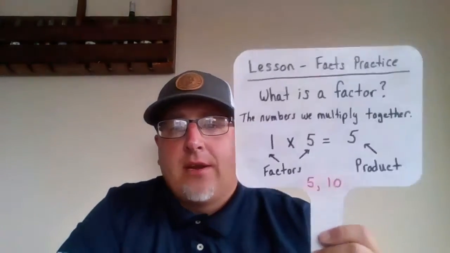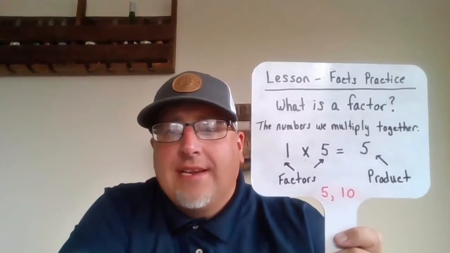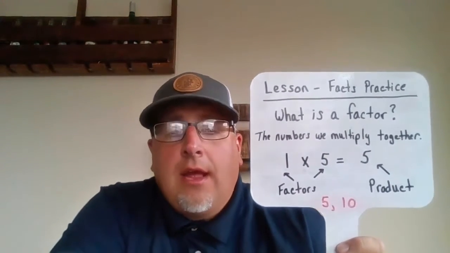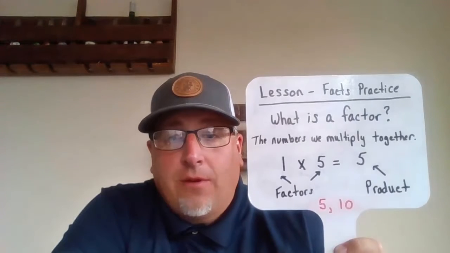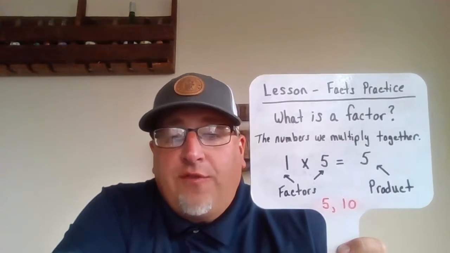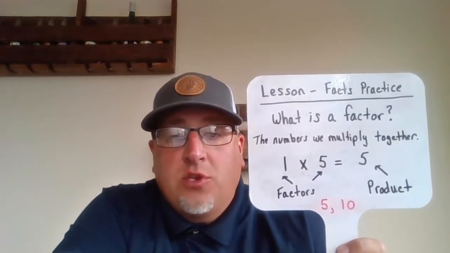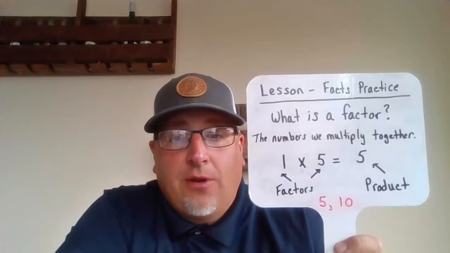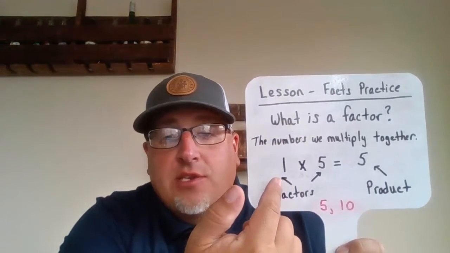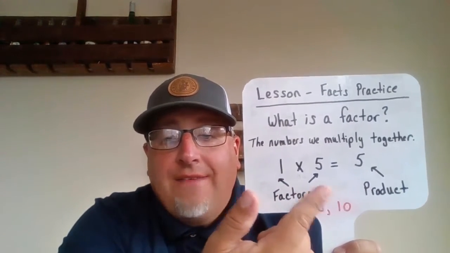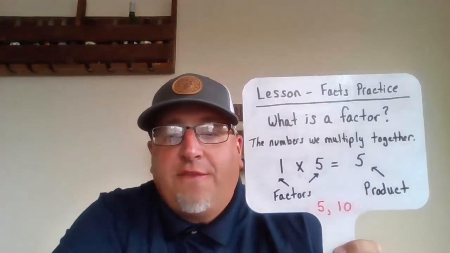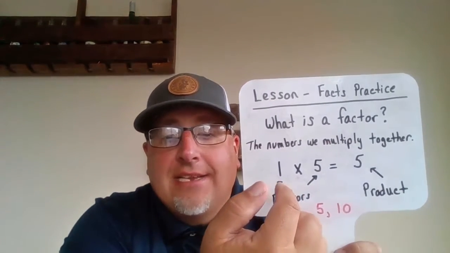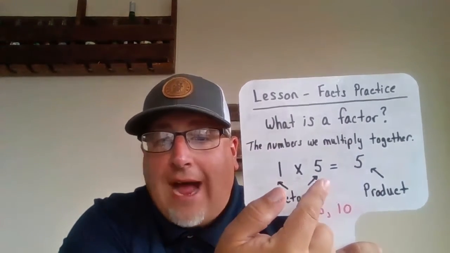So here we go. Here's my paddle right here. Our lesson is facts practice, okay? And the question that we want to answer is, what is a factor? A factor, very simply, is the numbers we multiply together. You see this number sentence right here: 1 times 5 equals 5. If we ask that question, the factors in that sentence are 1 and 5.